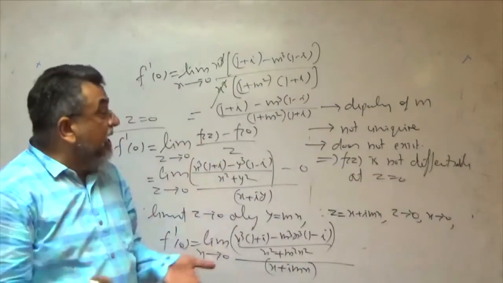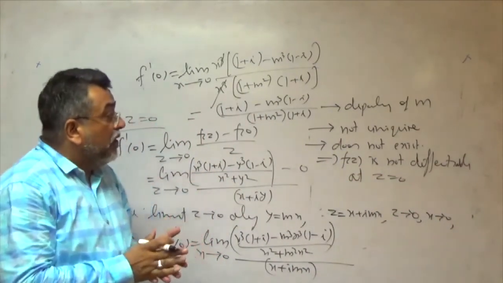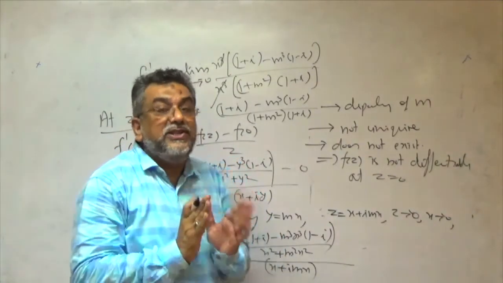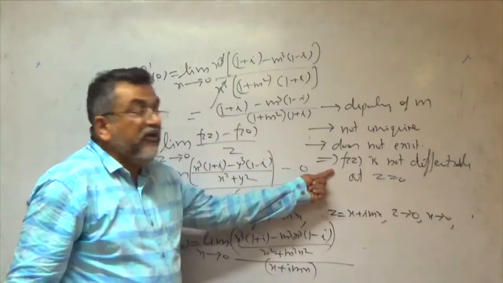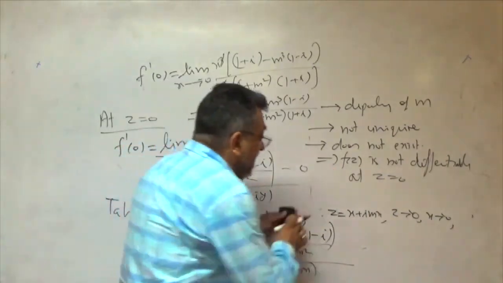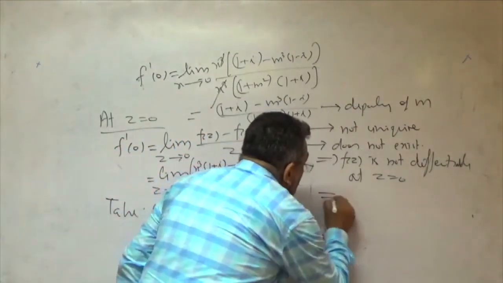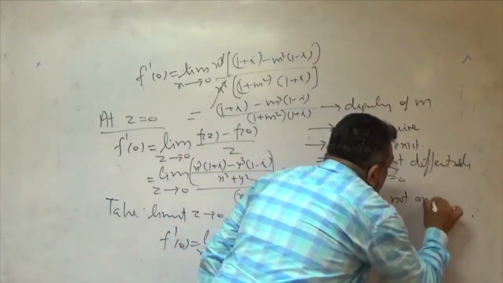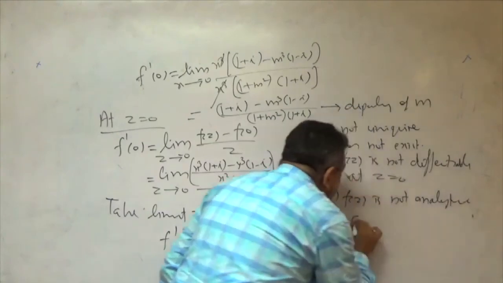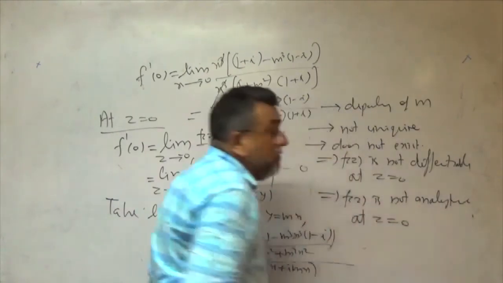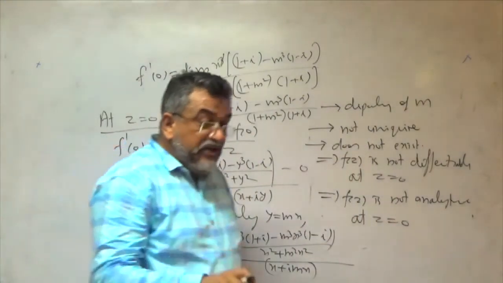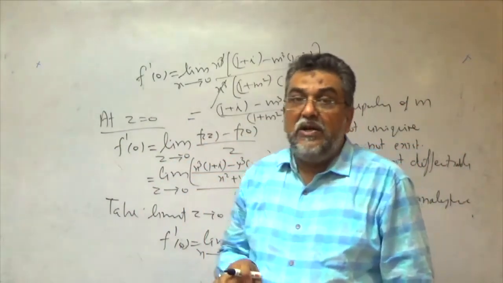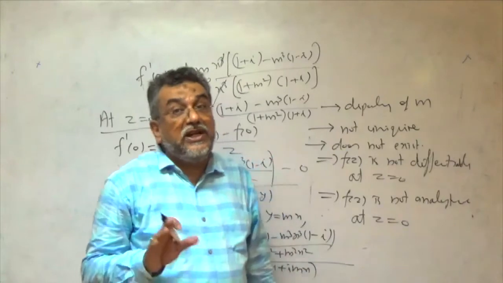So in the final calculation we conclude that the given function satisfies the CR equation at 0, but the function is not differentiable at z equal to 0. So finally we conclude that f(z) is not analytic at the particular point z equal to 0, because the function is not differentiable at that point, although the CR equations are satisfied.